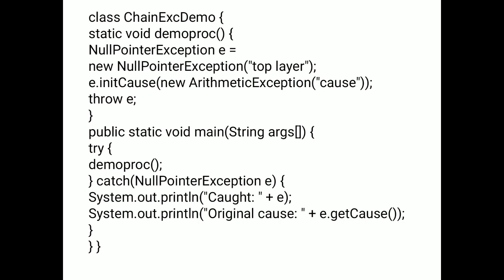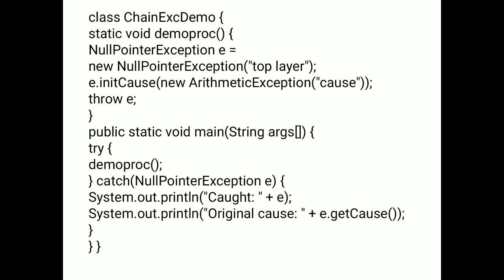That indicates that NullPointerException occurred because of ArithmeticException. We are only initializing it. Now throw e, that indicates that you are throwing that exception. What is that exception? Nothing but NullPointerException. NullPointerException occurred because of ArithmeticException. For that reason we initialized the cause with respect to ArithmeticException.